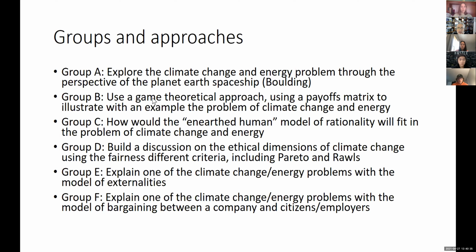So group A is going to use the metaphor of planet Earth, the spaceship from Boulding. This was the very first part of the course.